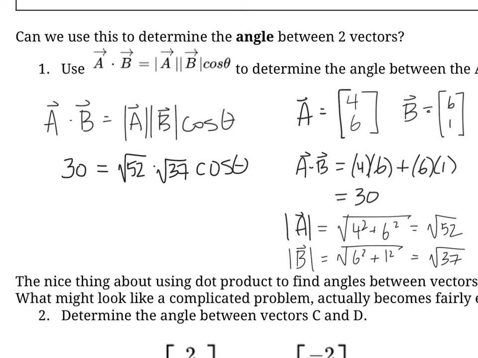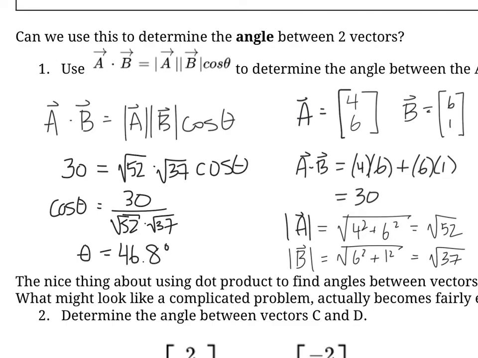So if we rearrange this, cos theta is going to be 30 over root 52 times root 37. And if you do inverse cos on your calculator and plug that all in one step without any rounding error, we're going to get theta in degrees as 46.8 degrees. There we go. That's the angle between those two vectors.